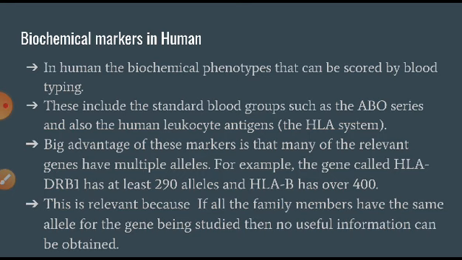So these are the different alleles of that particular gene making the different receptors. This is relevant because if all the family members have the same allele for the gene being studied, no useful information can be obtained. If they all have the same allele, then how can we identify the differences, right? Which gene has got modified? So that's why alleles are very important, to give you the differences.